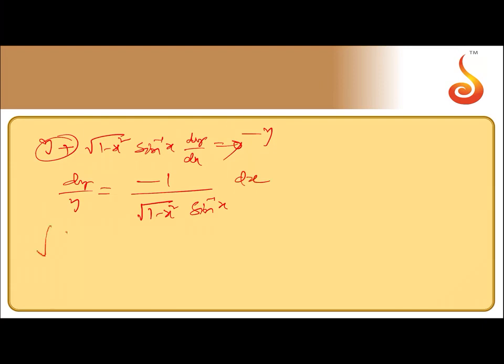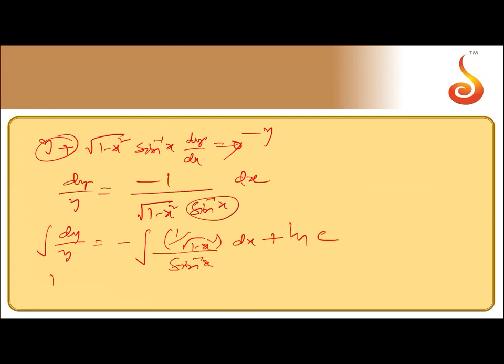Variables have been separated, and integrating it, integral dy by y is equal to minus integral of 1 by root of 1 minus x square by sine inverse x into dx, since the derivative of sine inverse x is 1 by root of 1 minus x square, plus log c.